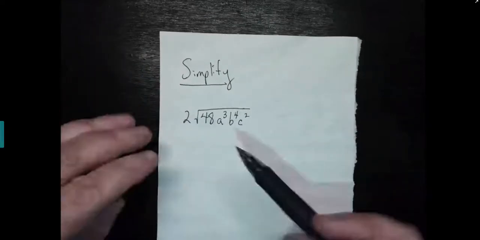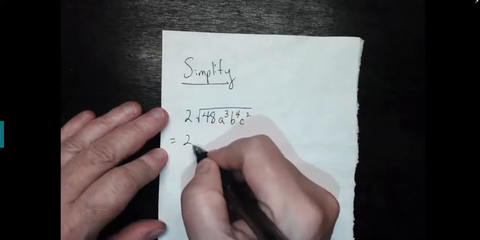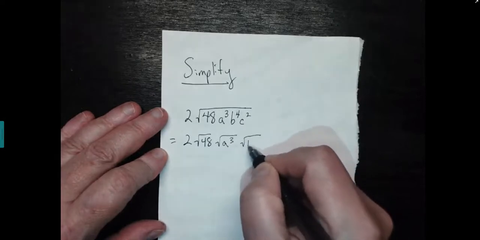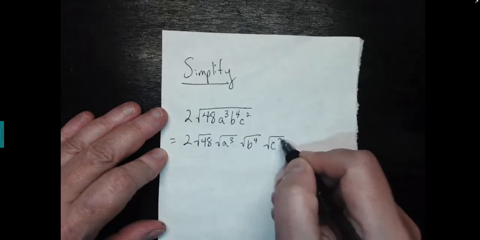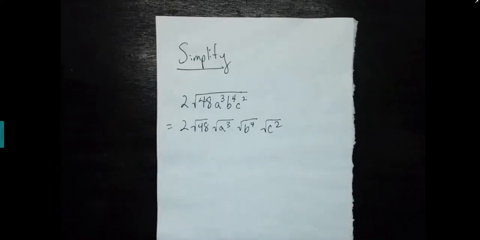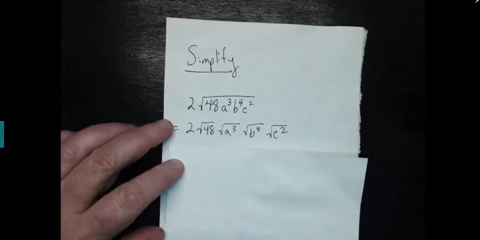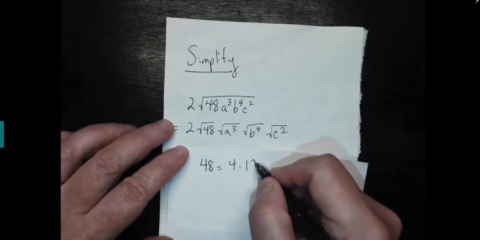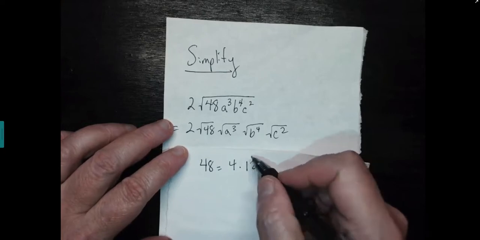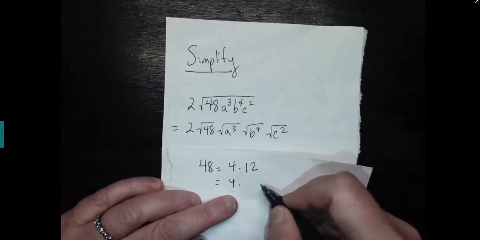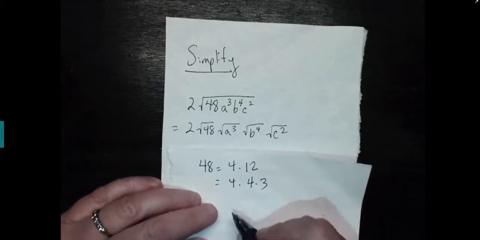Well, the first thing I'm going to do, since this is a product, is I'm just going to do this. Now 48 we know is not a perfect square, but can we express 48 as a product of something that's a perfect square? Well, we know that it's 4 times 12, but 12 itself is not a perfect square, but it can be written as a product of something that's a perfect square.